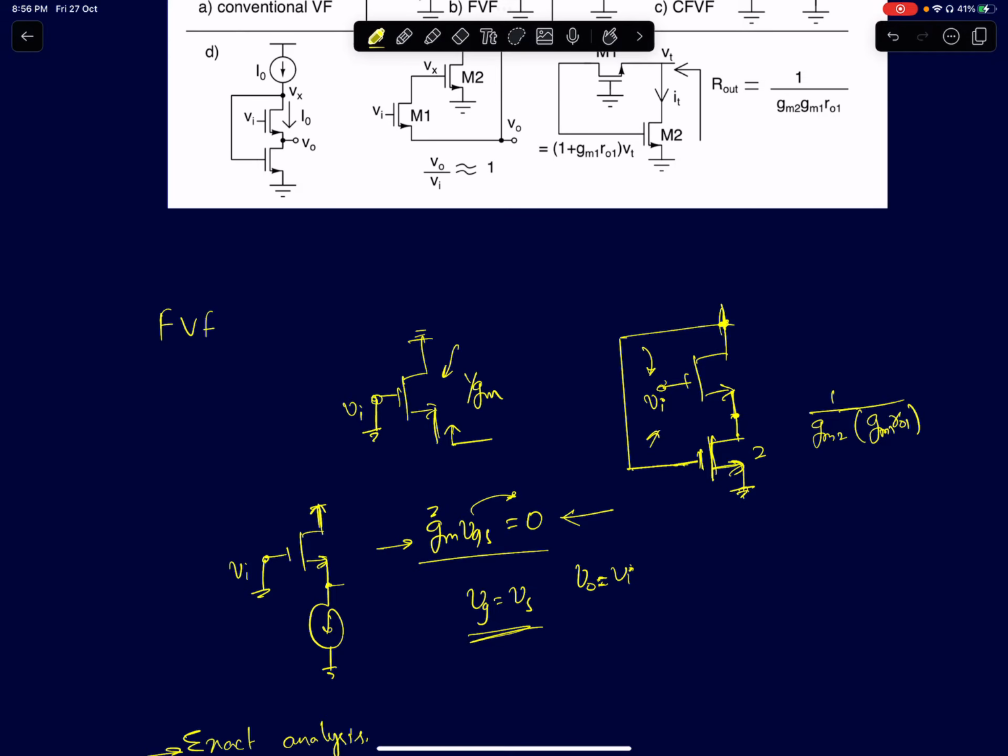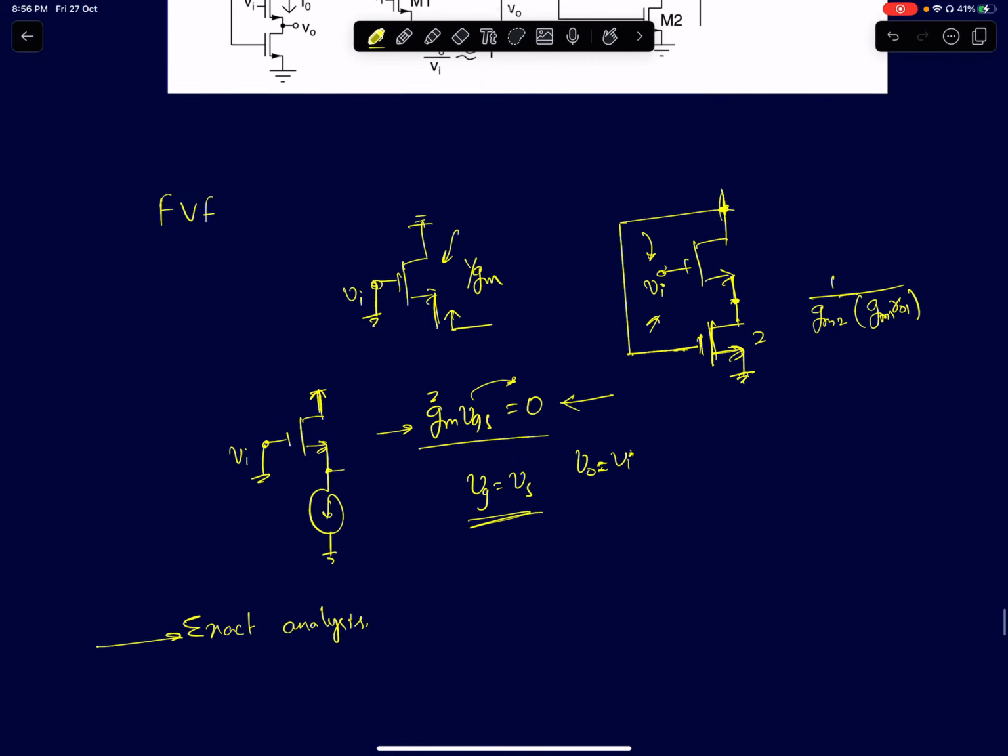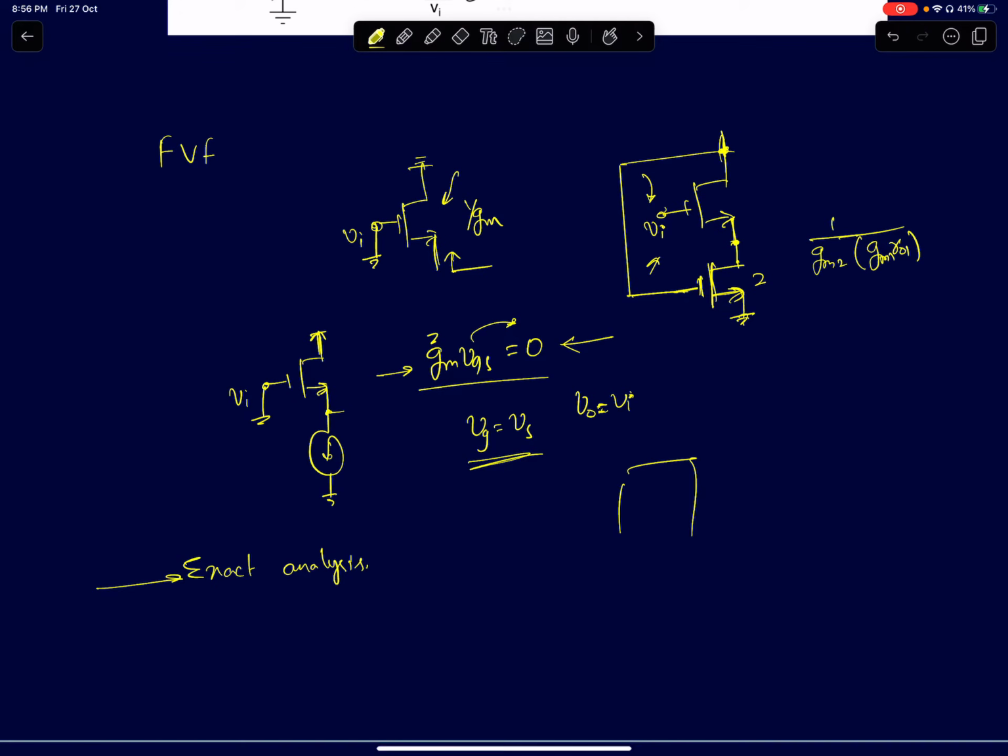We also discussed, and I would recommend you go through some of my previous lectures or any previous material on source followers, that they are impedance transformers. If you have a circuit which is supposed to drive a resistive load, the resistor tends to load the circuit. And by adding a resistor, the gain of the circuit itself might change, especially if the output impedance of the circuit is very high.